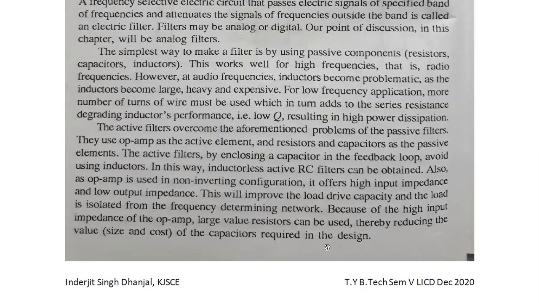We all know that XL is equal to 2 pi FL, or you can call it omega L. As the frequency increases, as your omega increases, your XL will also go on increasing. So basically your L has to be of a higher value at low frequencies. That's the reason.